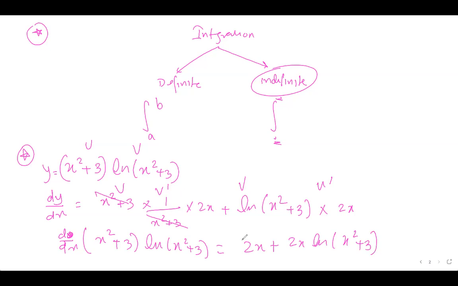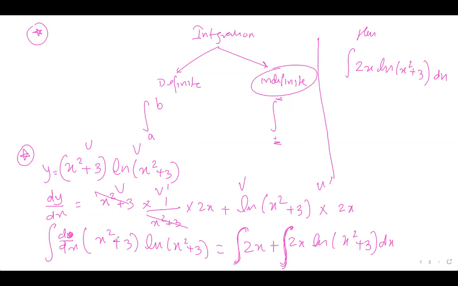Now, suppose they say hence integrate, hence find out the integration of 2x ln(x squared plus 3). If you look here, this is a problem. If I integrate every term here, let's see what we get.